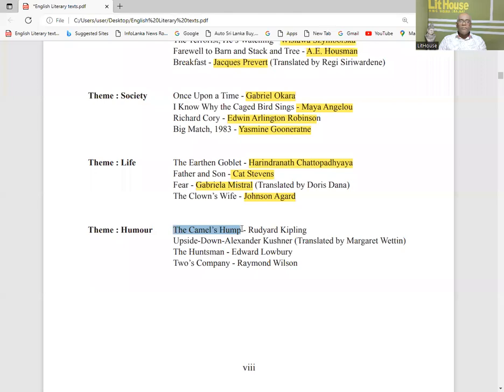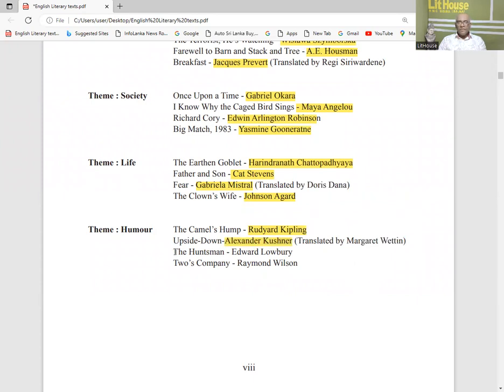The Camel's Hump, poet Rudyard Kipling. Upside Down, poet Alexander Kushner.